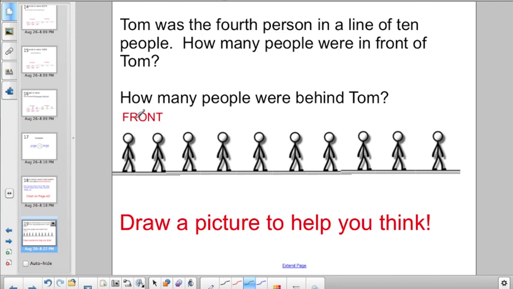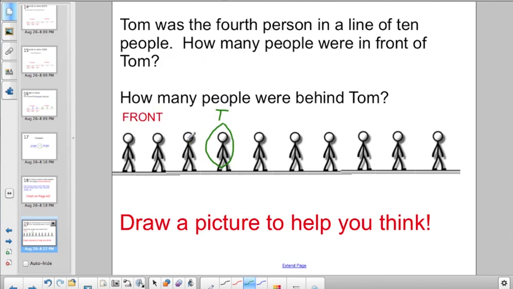I put my front of the line here. This guy's the first one in line. Here's my second. He's third. And it says Tom is the fourth person in line. This guy is Tom. I'm just going to put a little T here. So, how many people were in front of Tom?